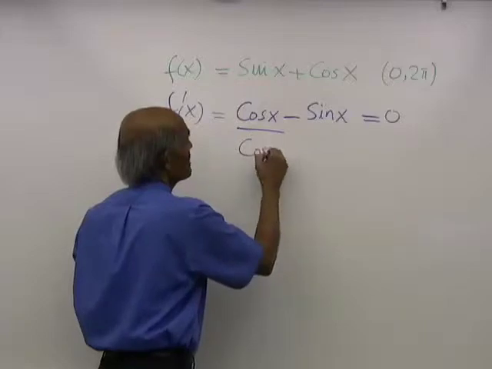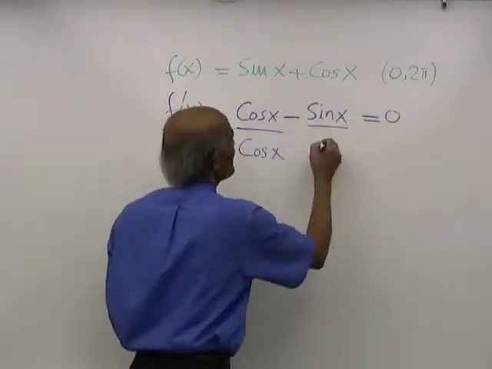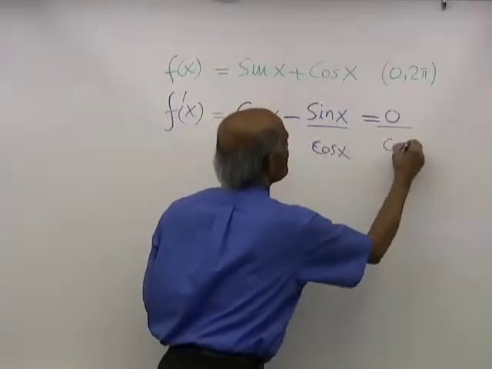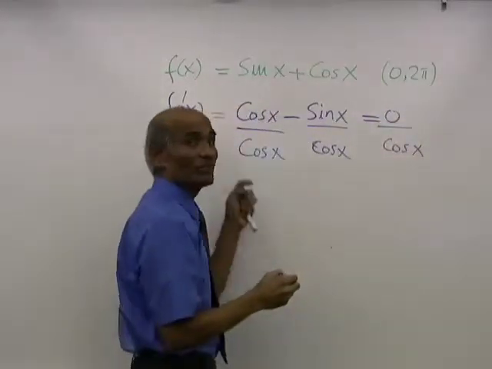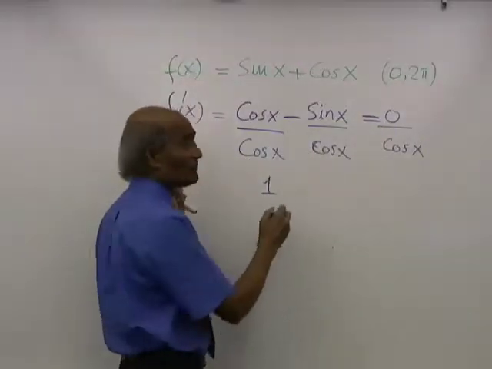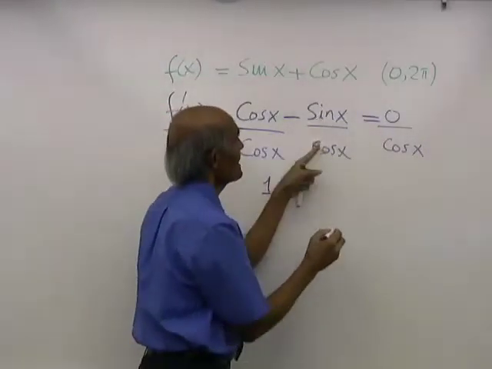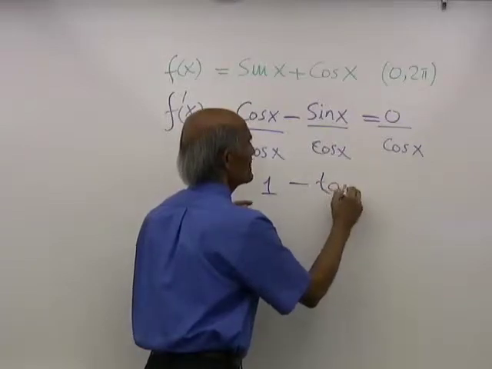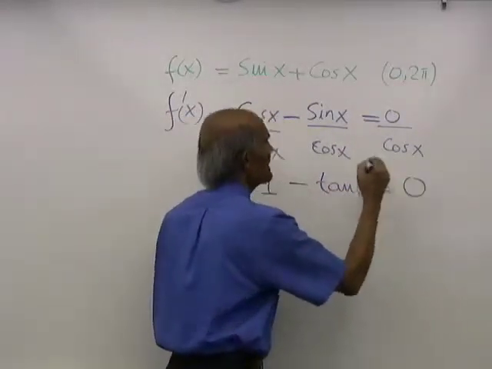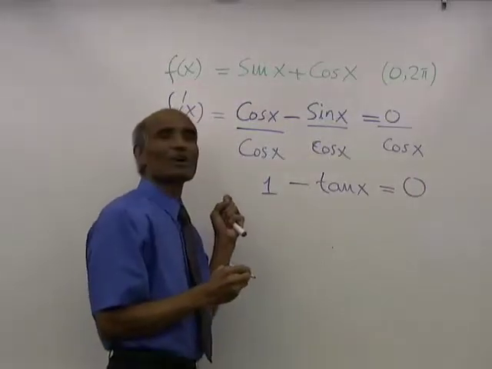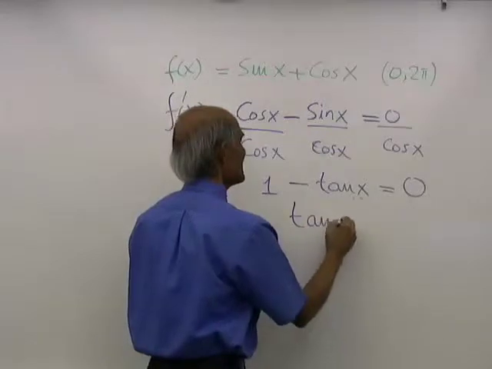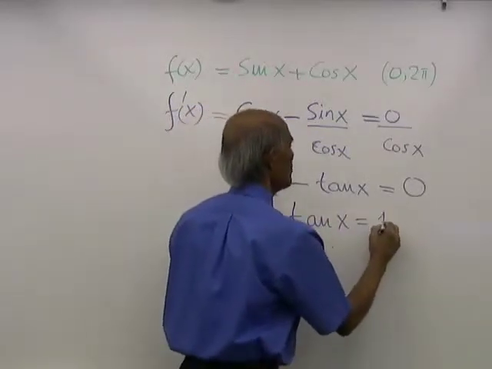Divide this by cos x, divide the next one by cos x, and divide the right side also by cos x. Cos x divided by cos x is 1, minus sine x divided by cos x is tan x, and 0 divided by cos x is 0, and that gives you tan x equal to 1.